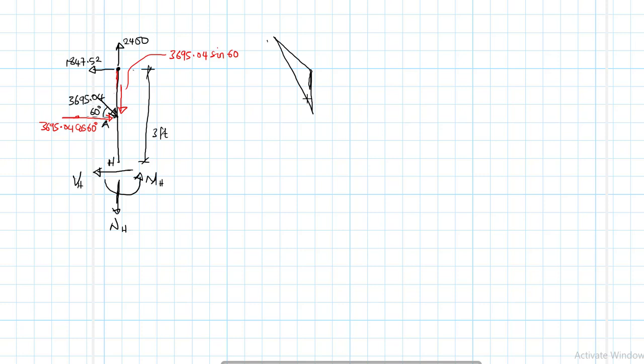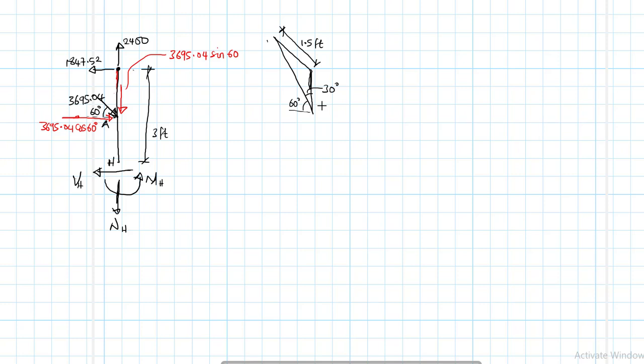Okay, so if this is 60, it means this one here is going to be equal to 30 degrees, right? So that is 30, and then this is given. This one is given as 1.5 feet. Right.